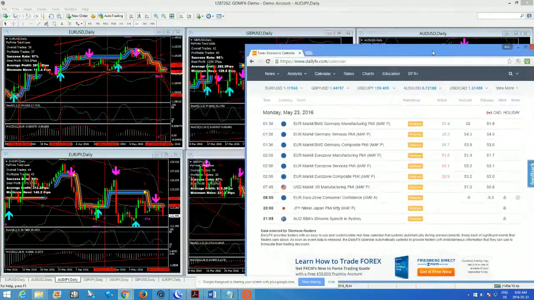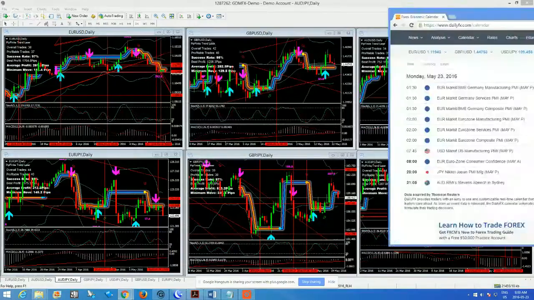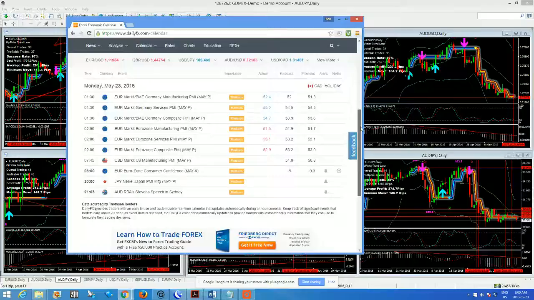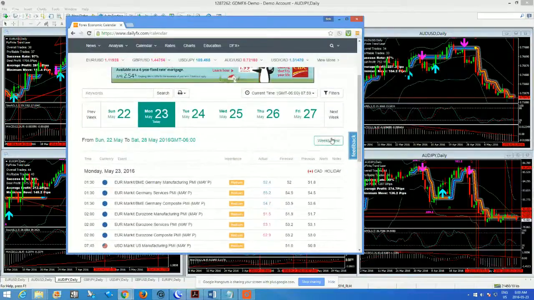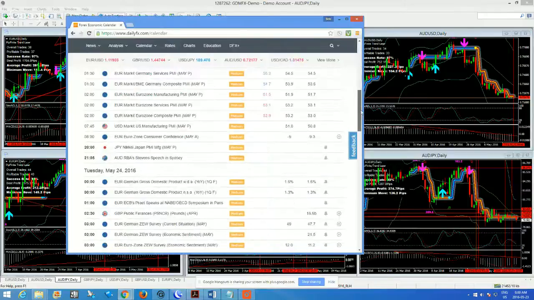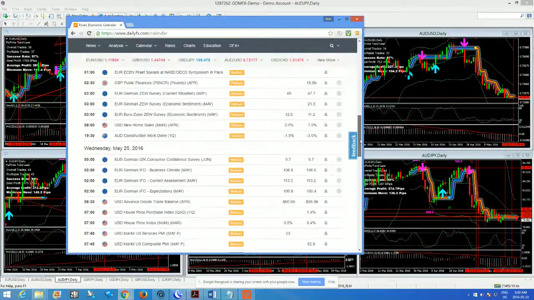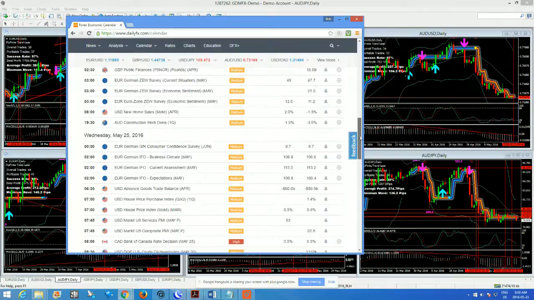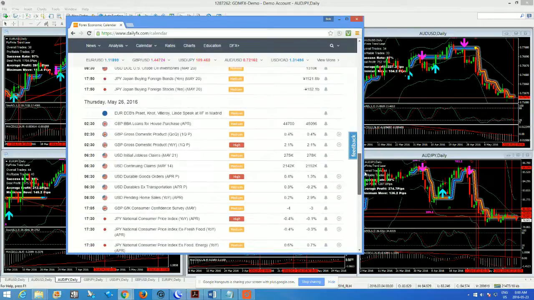All right, this is a pretty slow week this week for reports. So this week is going to be primarily technical trading, meaning just trading right off the charts. There's only something for the Bank of Canada rate decision that'll be significant for the Canadian dollar on Wednesday.